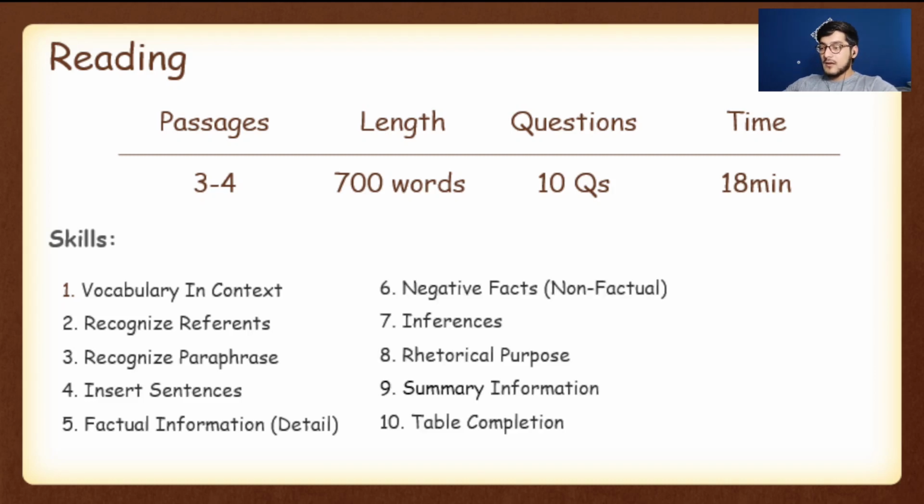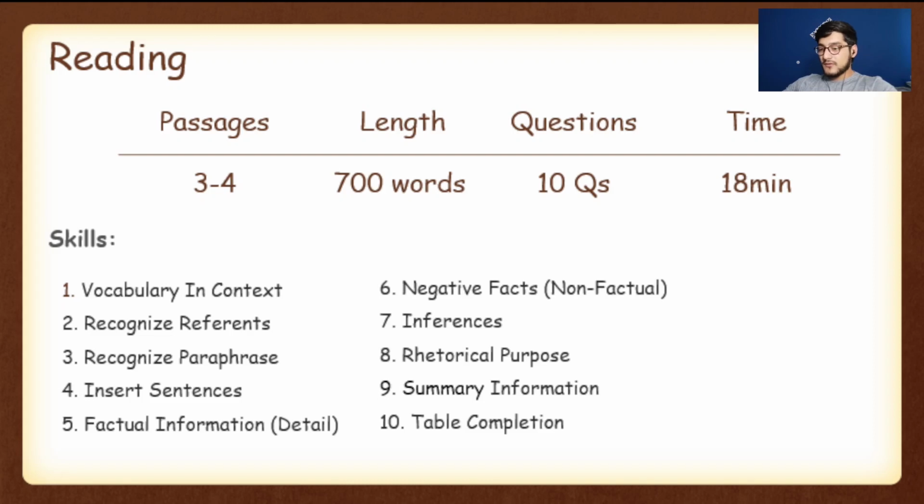The sixth one is negative facts or non-factual information, then inferences, rhetorical purpose, summary information, and table completion. These are the 10 skills, or we can say 10 question styles, of the reading section. While you're working with a passage, there are 10 questions based on these 10 question styles, and you need to answer them in order to get the top score.